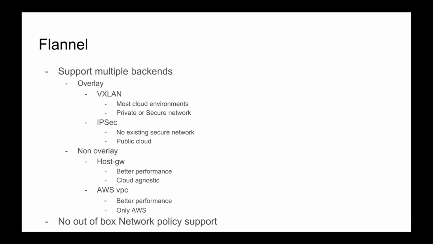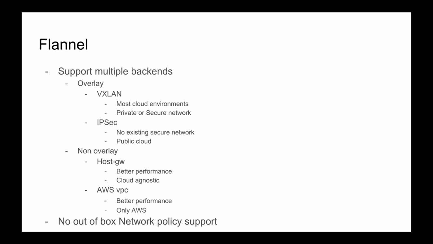And the network plugins can be broadly classified into two different kinds. One is the overlay kind, and the other one is non-overlay. When I talk about overlay, whatever might be the underlying network topology or network setup, you run on top of that.